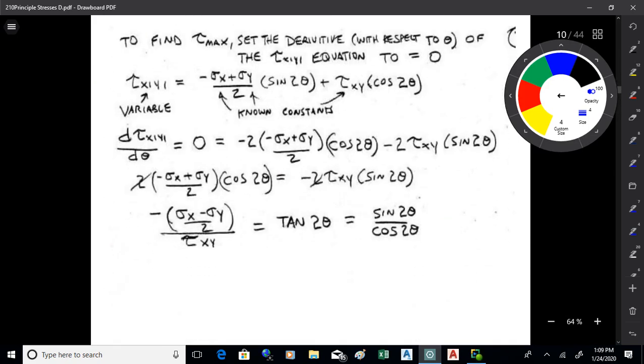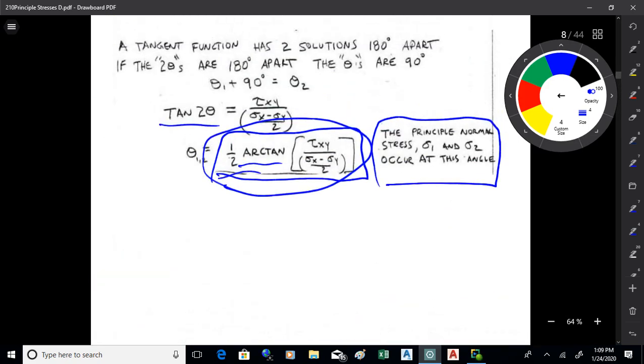They are 90 degrees apart because this tangent 2 theta formula is going to have 2 solutions. If you remember, tangent is delta y over delta x, let's say we've got one angle here that's 3 over 2.